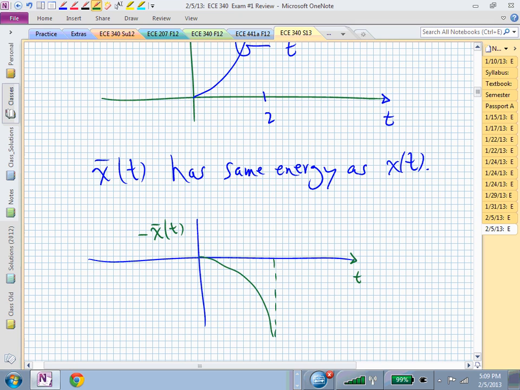What can you say about that signal's energy? It's the same. So if you like to work with x bar of t, it's the same as minus x bar of t in terms of its energy.